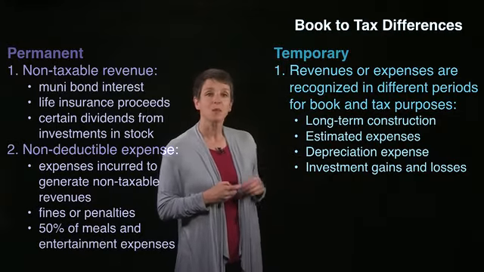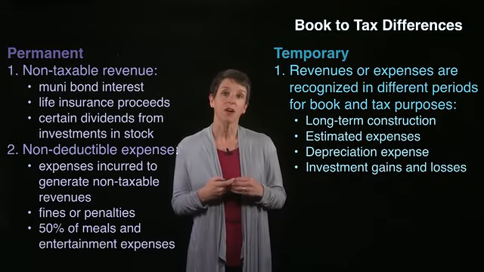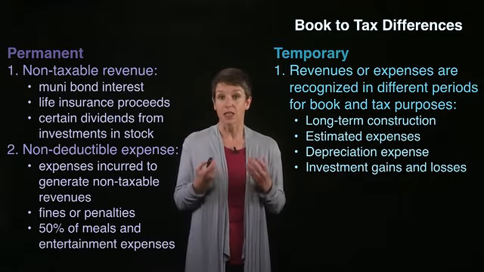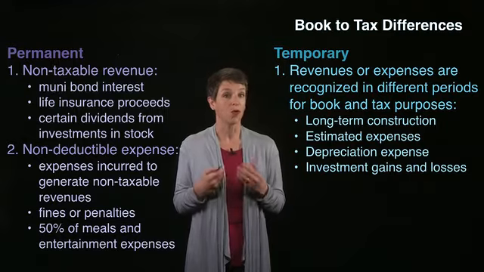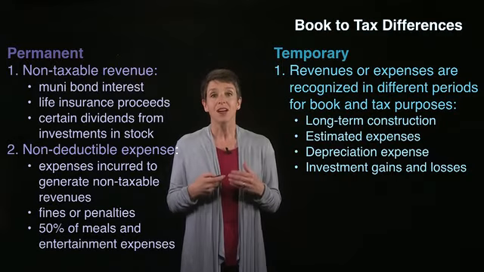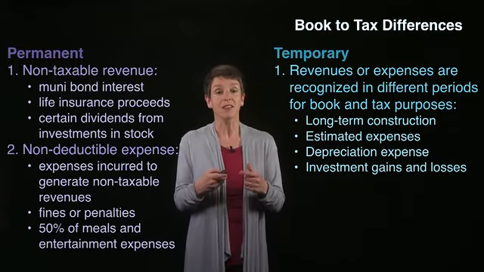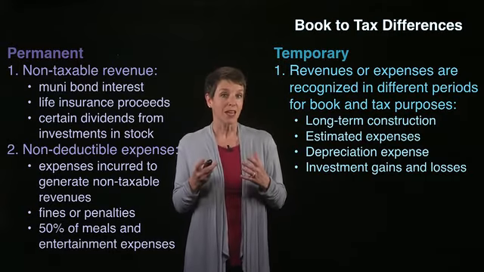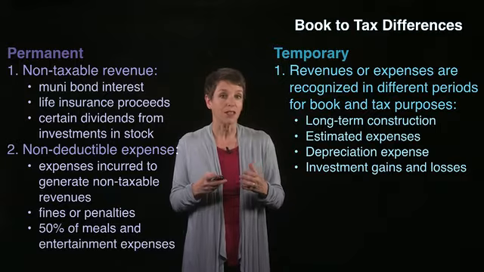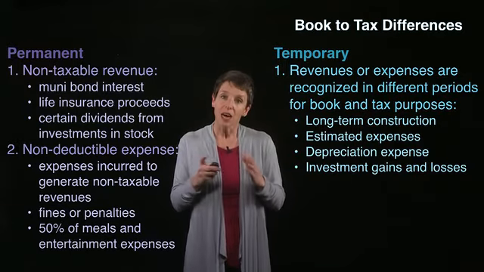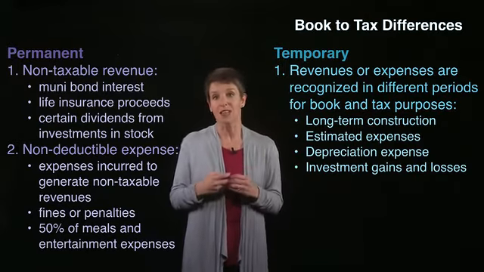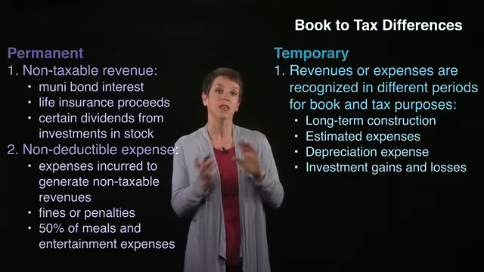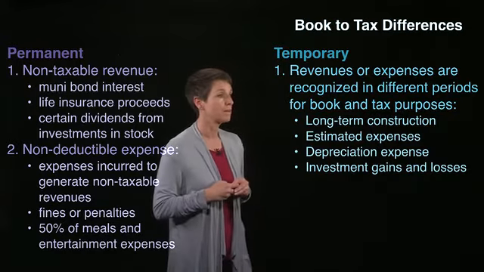Any estimated expense that we have included in our books, such as the allowance for doubtful accounts or warranty expenses, is non-deductible until we actually incur the cost. So again, we will incur a cost at some point, but the timing of when we get to deduct that expense is different than when we expense it in our books and records.